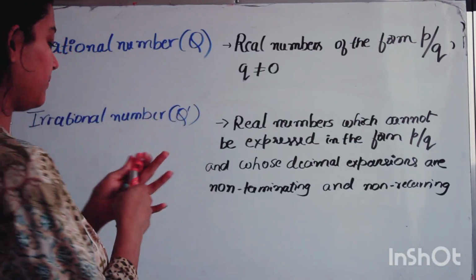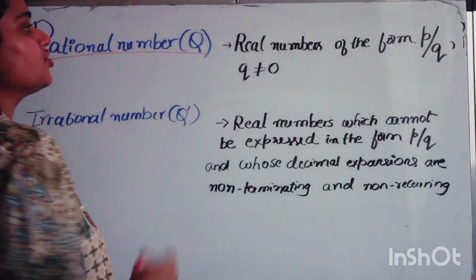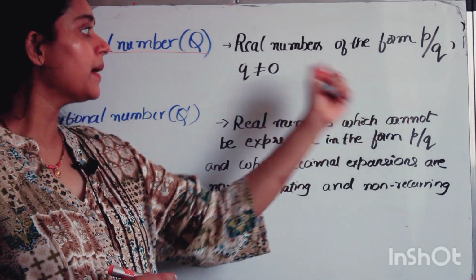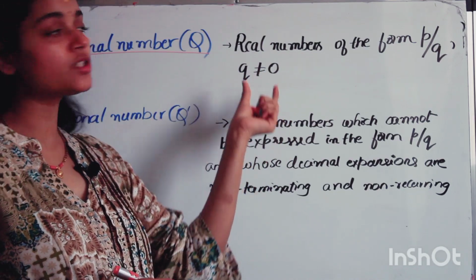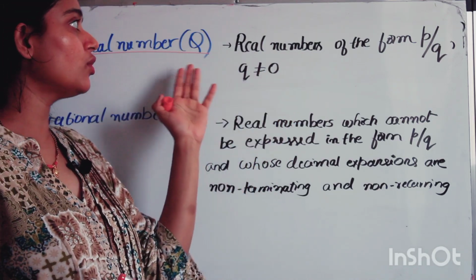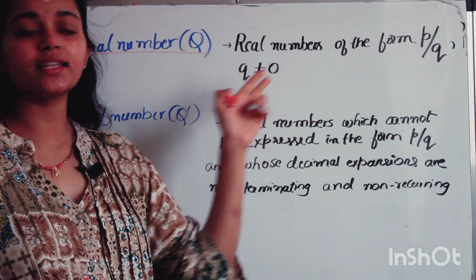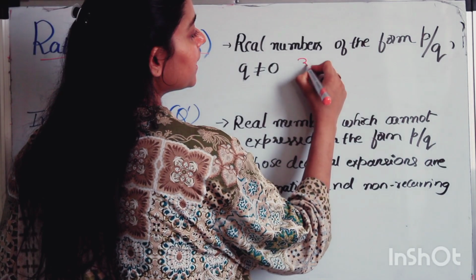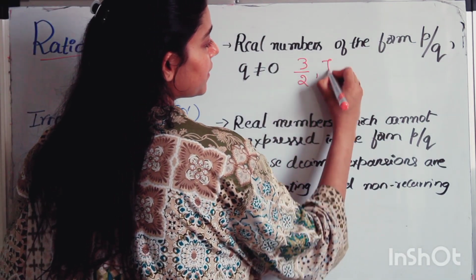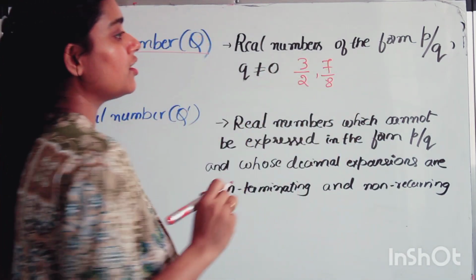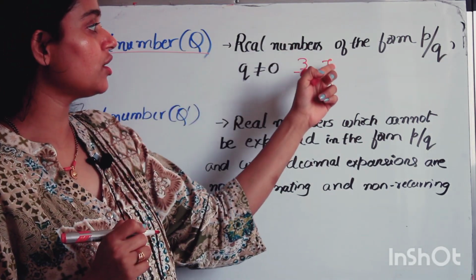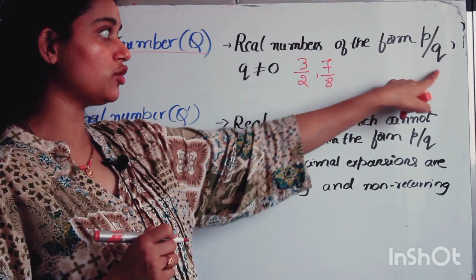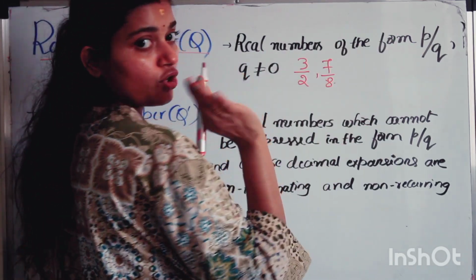Rational number. A rational number is denoted by Q. Real numbers of the form p by q, where q is not equal to 0. The numbers in the form of p by q, in fraction form like 3 by 2, 7 by 8, are all rational numbers. q should not be equal to 0, meaning the denominator should not be 0.